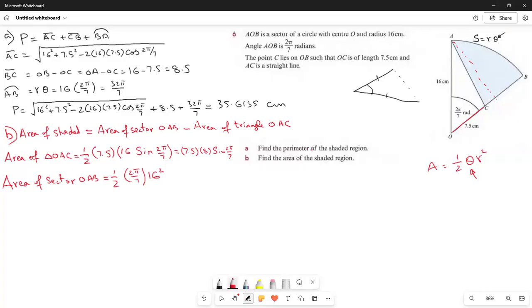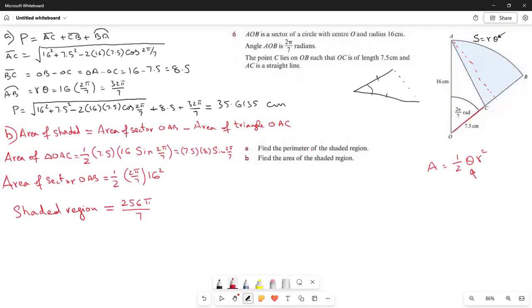Okay. So now we have everything. So area of the shaded region. Okay. So area of the sector, it is 16 square is 256. 256 pi by 7. Right? 2 will be 2. Okay.